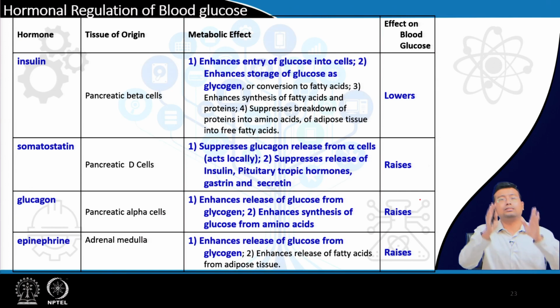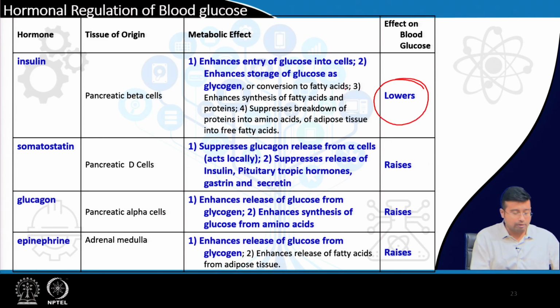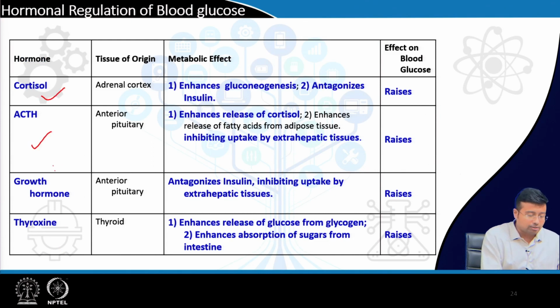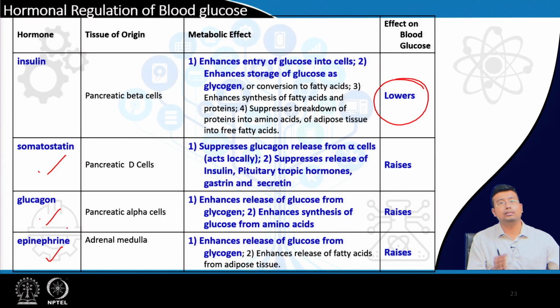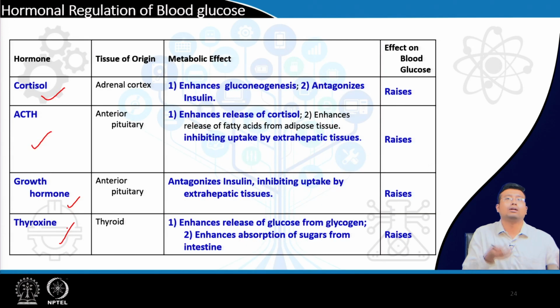It is not essential to know the individual function of all hormones with respect to carbohydrate metabolism only, but the only take home message over here is that insulin lowers the blood glucose level, whereas somatostatin, glucagon, epinephrine, cortisol, ACTH, growth hormone, thyroxine all act in tandem to raise the blood glucose level. You can easily pause these two slides and take a note of what hormone action is being exerted by each and every hormone, but when it comes to the action on glucose, everyone is trying to raise the blood glucose.